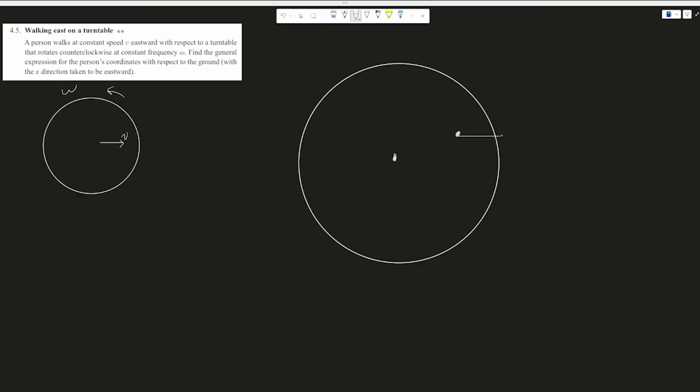We know the person is always walking eastwards with speed v, and we also know that the turntable is rotating at constant frequency omega. So there must be some sort of velocity pointing this way, and let's call that u. And let's represent the position of the person right now as a vector called r.